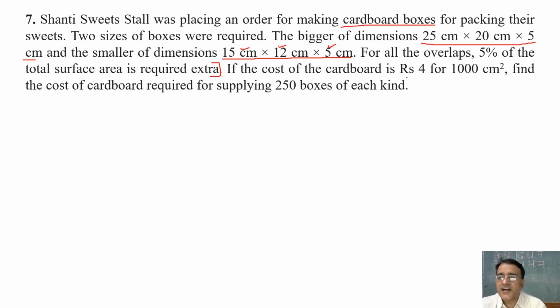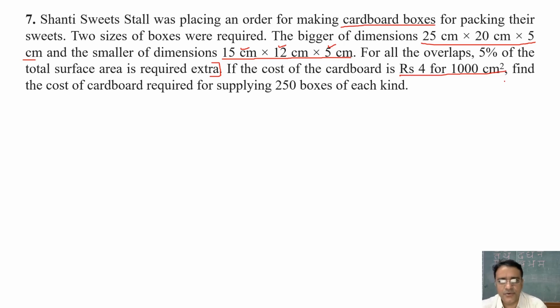If the cost of the cardboard is rupees 4 for 1000 centimeter square, find the cost of cardboard required for supplying 250 boxes of each kind. So हम लोग को क्या करना है, पहले बिगर बॉक्स के लिए टोटल कॉस्ट निकालना है, स्मॉलर बॉक्स के लिए टोटल कॉस्ट निकालना है, then we have to add both the cost.